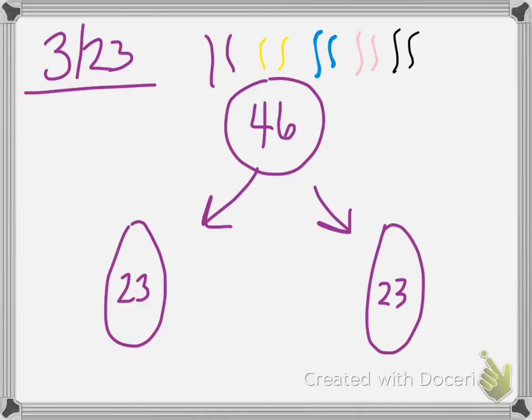And each egg is going to get 1 copy of chromosome 1, 1 copy of chromosome 2, 1 copy of chromosome 3. That's the way it works. Now, how do you decide which copy goes to which egg? Well, you don't. It's called random assortment.